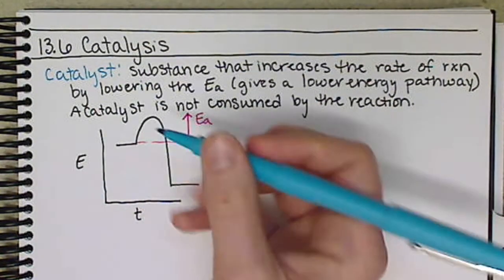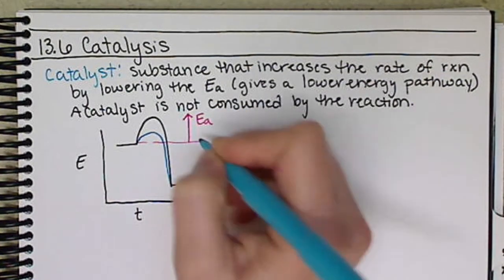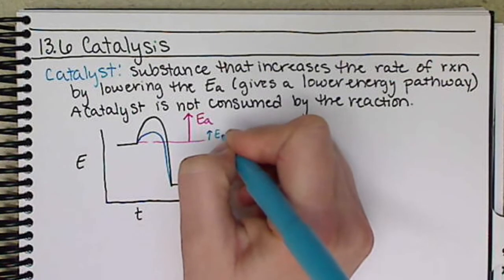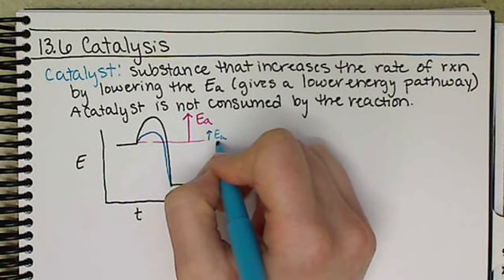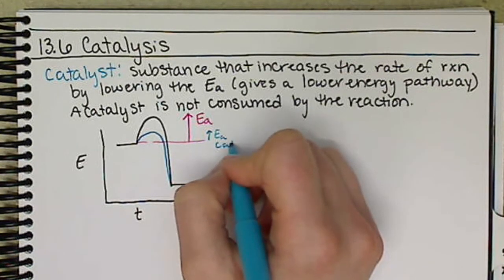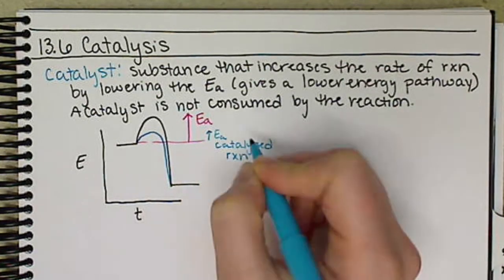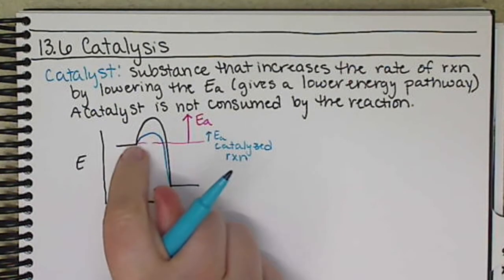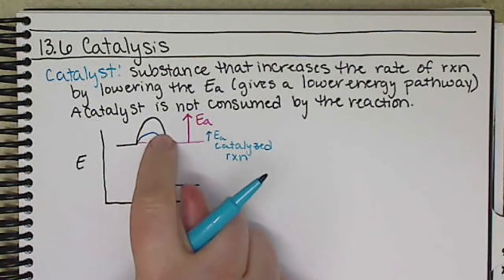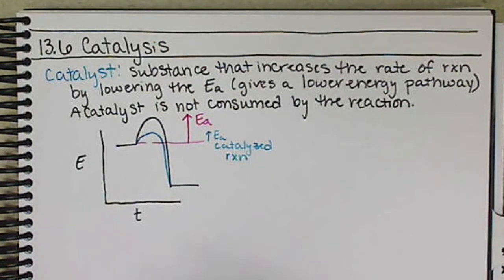And when we add in a catalyst, it's going to provide a different pathway that has a lower energy of activation. Okay, so this is our energy of activation of a catalyzed reaction. And by lowering that energy of activation, that hill that we have to get over, we have more molecules that will then be able to make it, so our reaction should go faster because we have lowered the energy that's required.